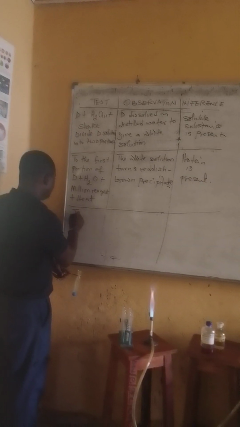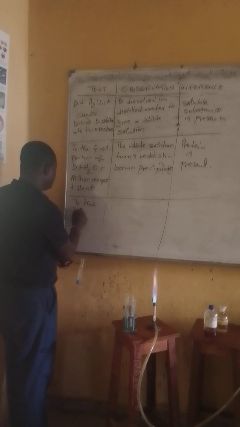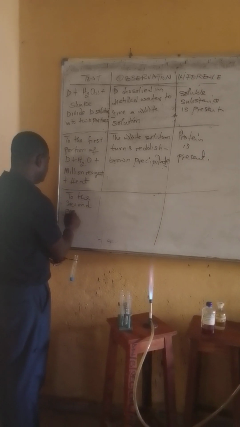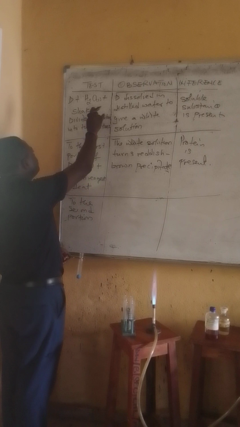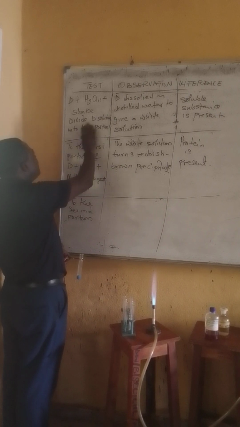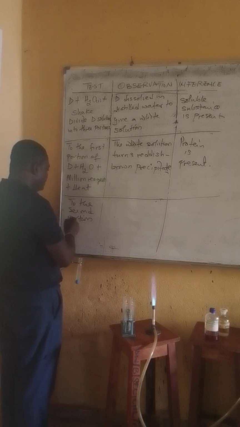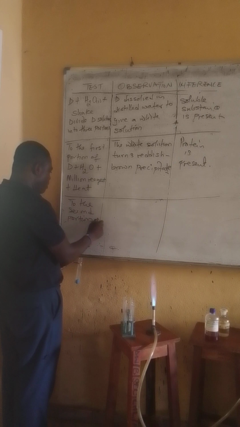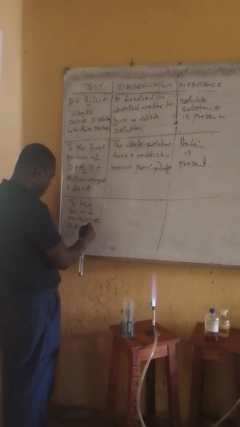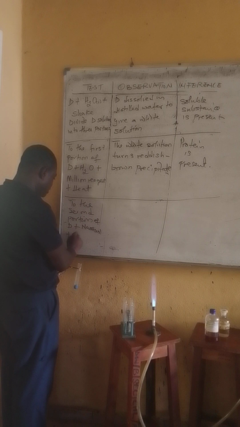Now let's divide the solution into 3 portions, because there are 3 tests for protein. To the second portion of D, we should add NaOH(aq) plus CuSO4(aq).